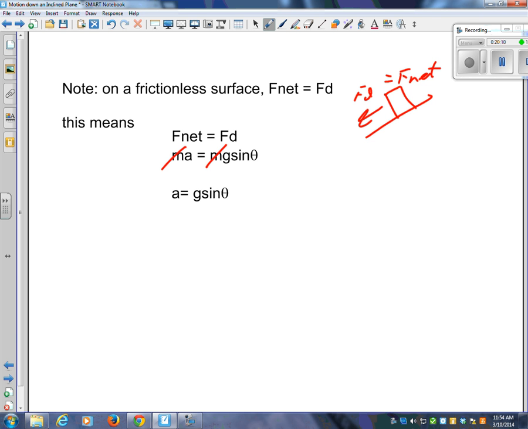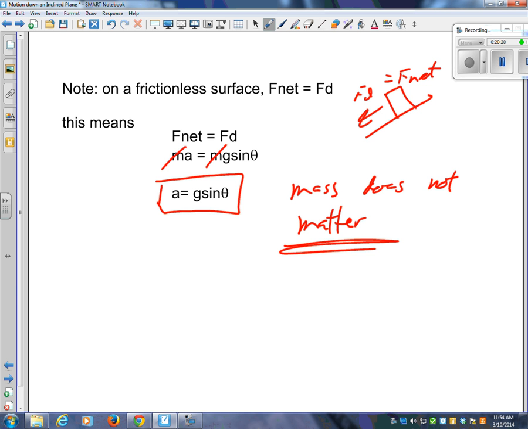The mass cancels. And in fact, on a frictionless surface, acceleration is equal to g sine theta. And note that mass does not matter. It wasn't coincidence. The mass of an object on a frictionless surface doesn't matter.